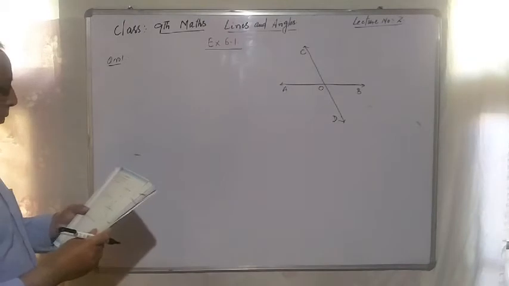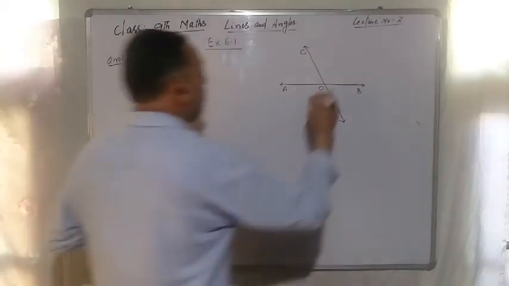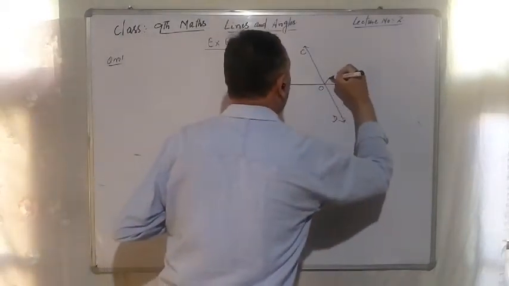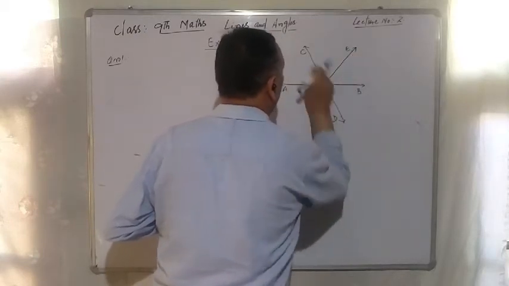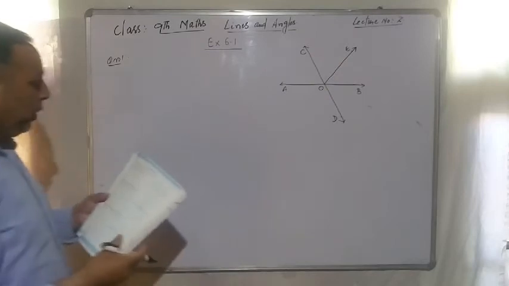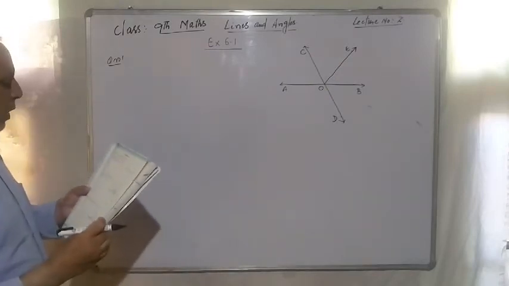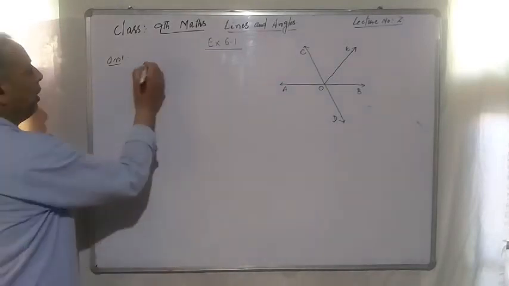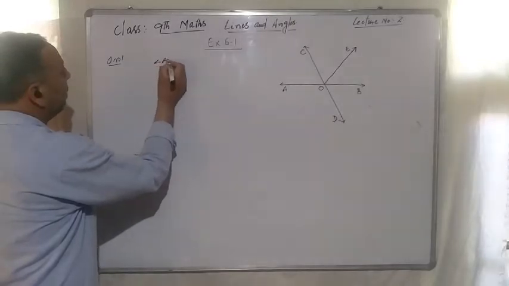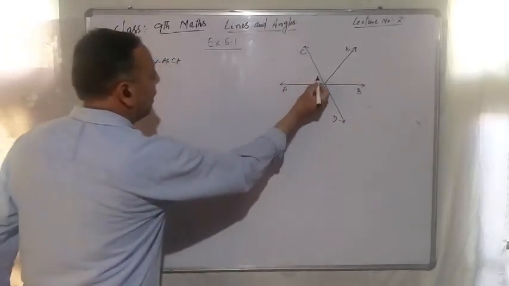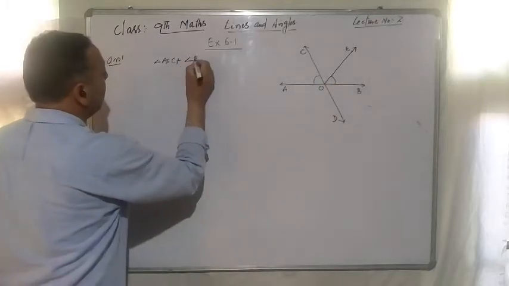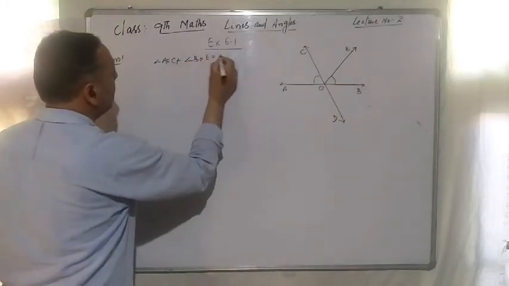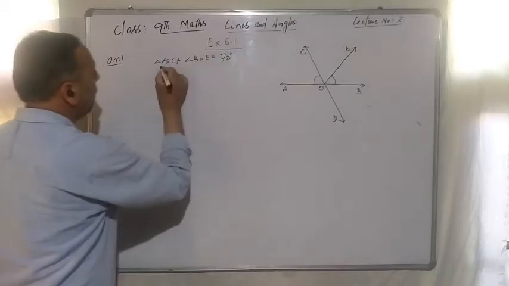And one more ray OE is between OB and OC, such that angle AOC plus angle BOE is equal to 70 degrees. It has been given that angle AOC plus angle BOE is equal to 70 degrees. This is given.